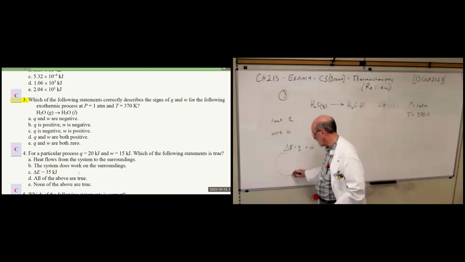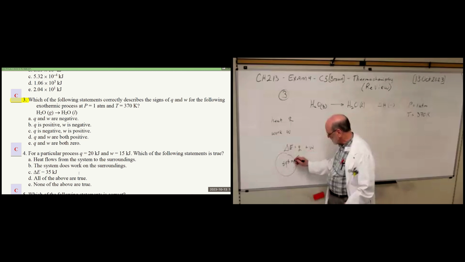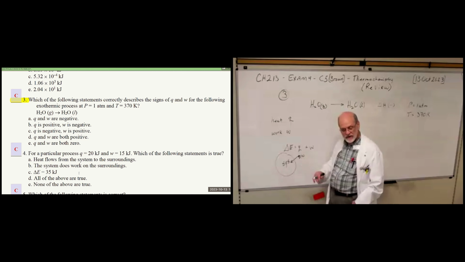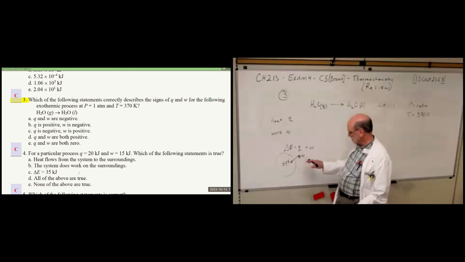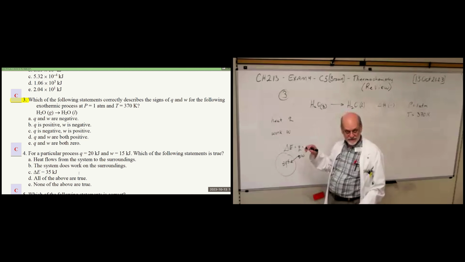So if we have a system down here, if heat is being added to the system, it's going to be positive. Everything is relative to the system. So a transfer of heat into the system is positive, out of the system is negative.